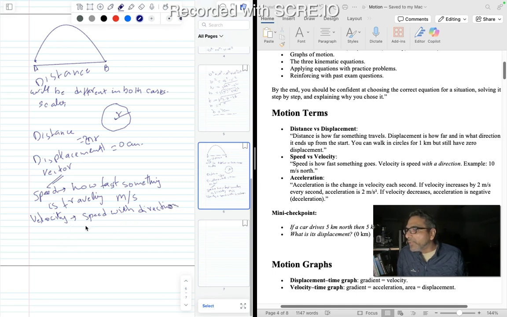It's also something like meter per second north. We need to mention the direction here. Okay. Now, the third term we are considering here is acceleration.